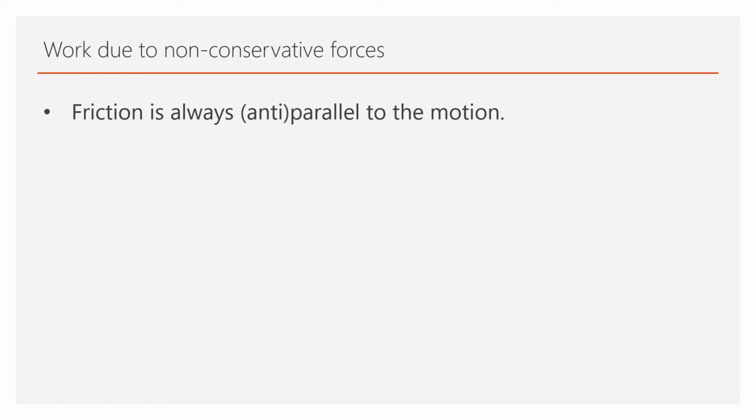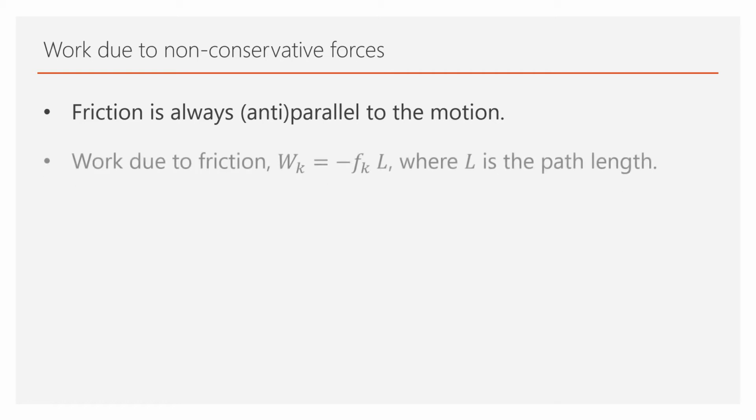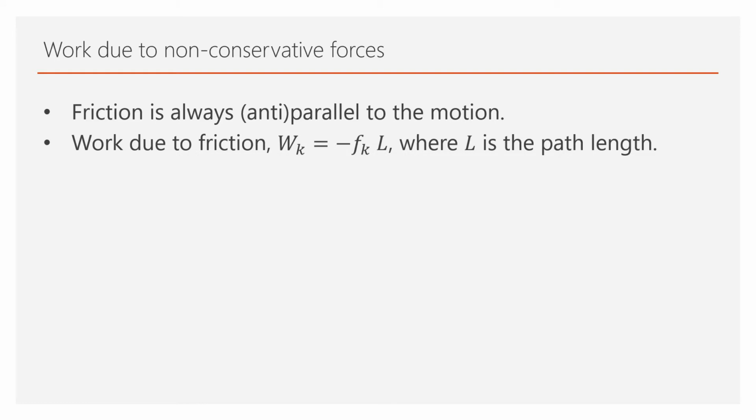To answer this, we'll first note that friction is always anti-parallel to the motion. That is to say, it's in the same direction, but exactly backwards. The work due to friction is going to be equal to the amount of friction multiplied by the displacement. But because the displacement is always backwards from the friction, the total displacement is just going to be the total length of the path.